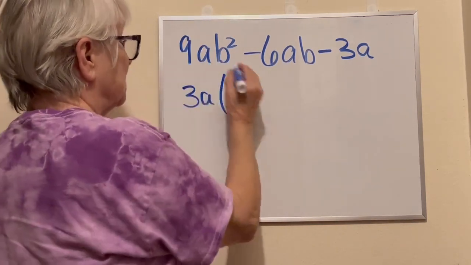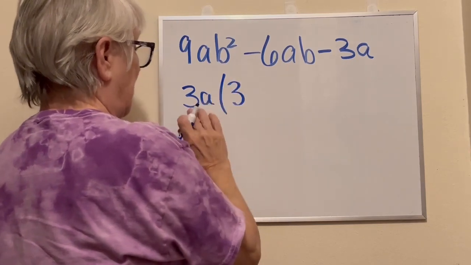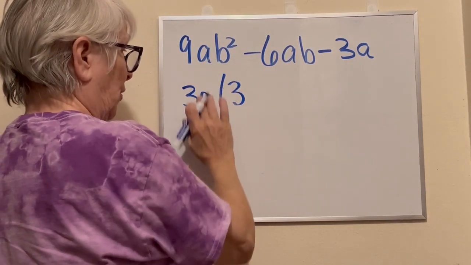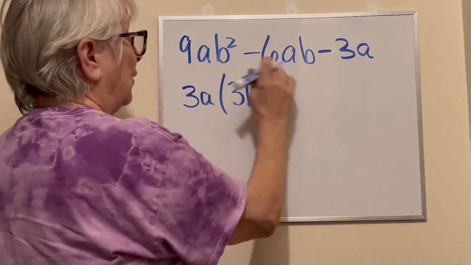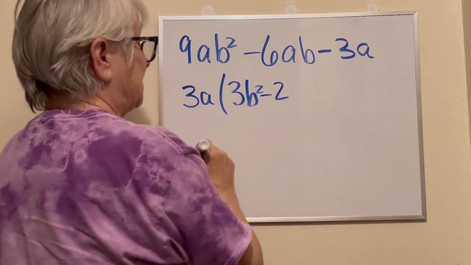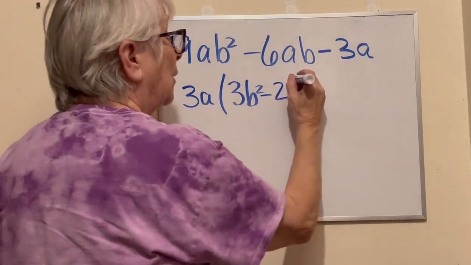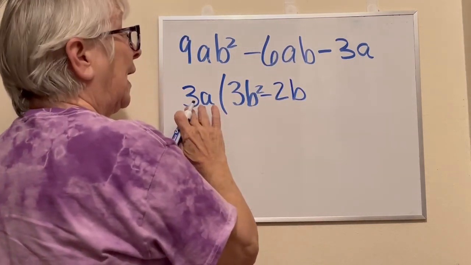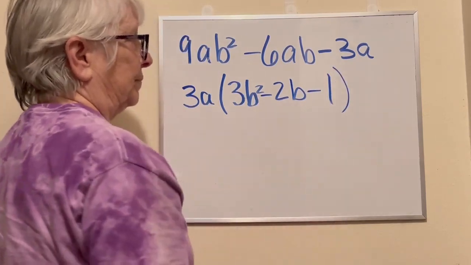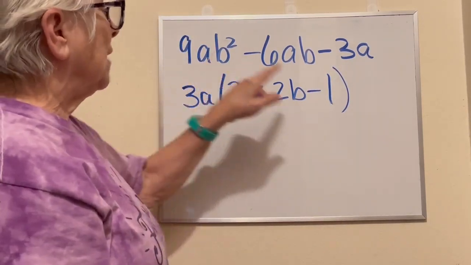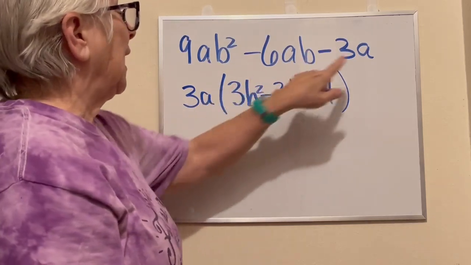Now, 3 times 3 is 9. We already have the a, but we need that b squared. 3 times 2 is 6. We already have the a, but we need the b. And 3a times 1 is 3a. Okay? 3 times 1 is 3, and the a's fall out.